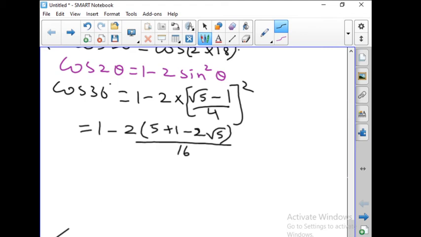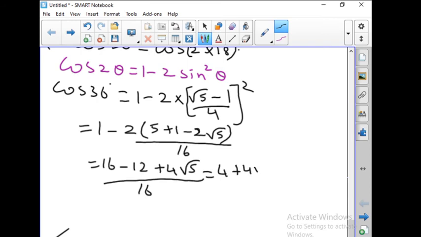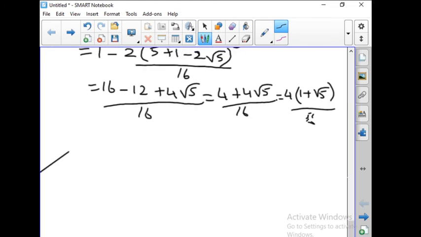So it is equal to 16 minus 2 into 6, 12, then plus 4 root 5, by 16. So it gives us 4 plus 4 root 5 by 16. 4 is common, can be taken out. So 1 plus root 5 by 16, so we get finally 4 goes 4 times. So it is equal to 1 plus root 5 by 4.